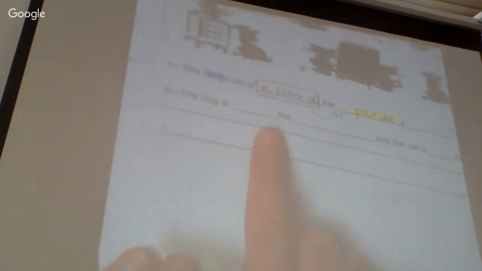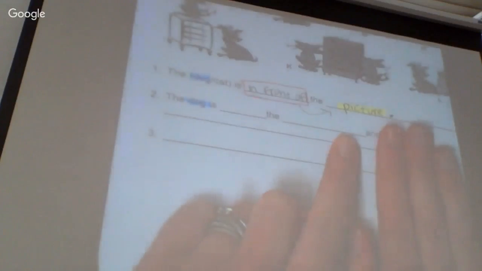The dog is blank the blank, and the cat is blank the blank. So in this sentence, I'm looking for 2 nouns. I am describing 2 nouns. The first noun I'm describing is the dog. So I highlight dog in blue. I'm not going to look at the second part of the sentence because that will just confuse me.